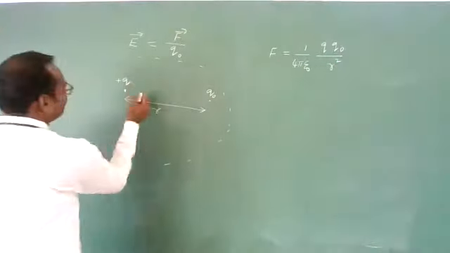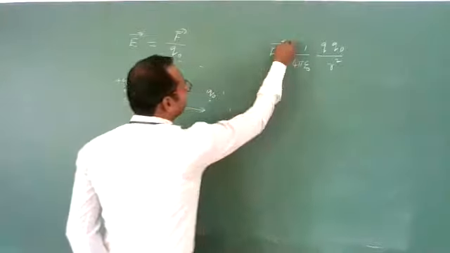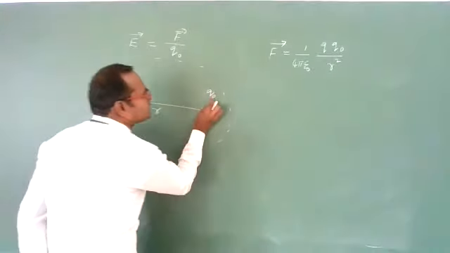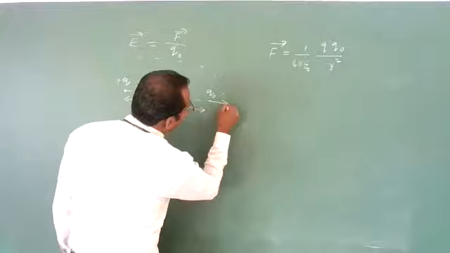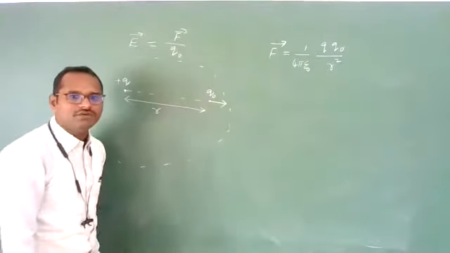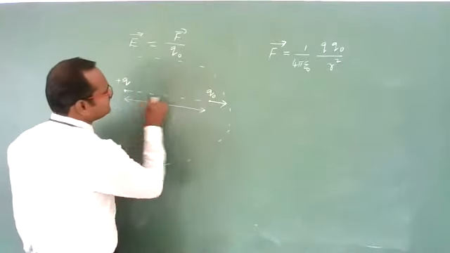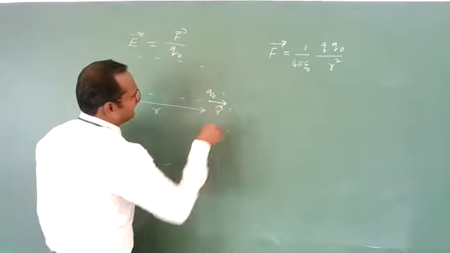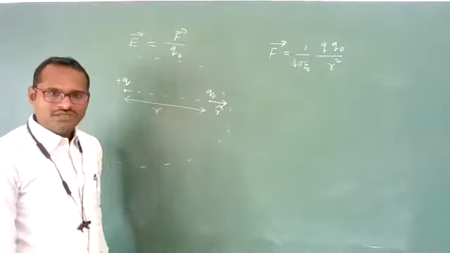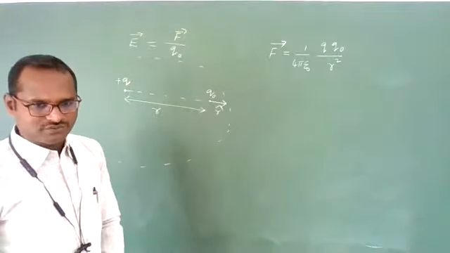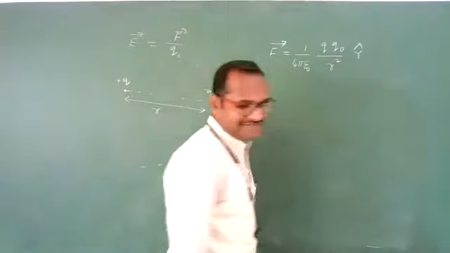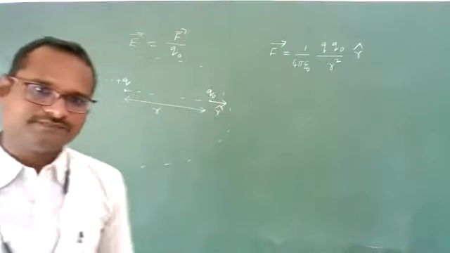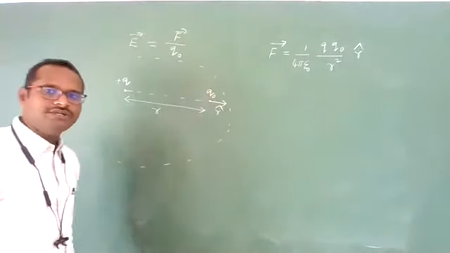And the direction of this force? Because this is a positive charge and this is also a positive charge, the force will be in this direction. Let us suppose this is a unit vector r cap. Then it can be written with r cap according to direction. Clear? Are you getting it, students?